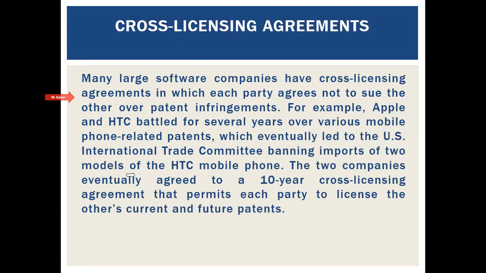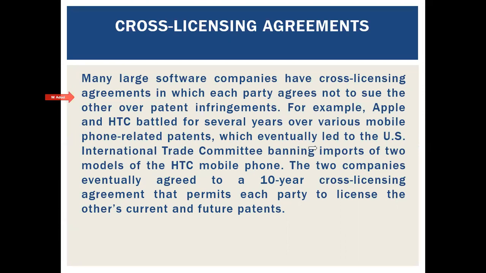The two companies eventually agreed to a 10-year cross-licensing agreement that permits each party to license the other's current and future patents. They will not battle, and they do their work. That is the cross-licensing agreement concept: companies agree not to assert their software patents against each other.